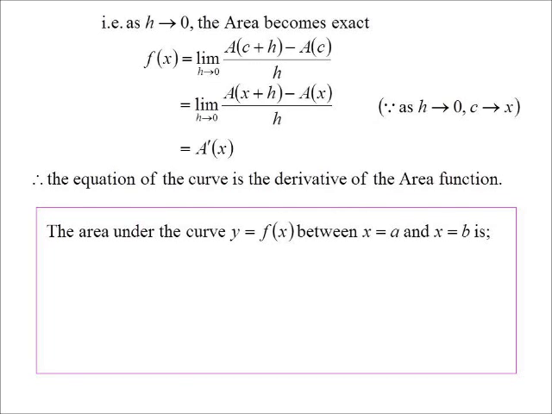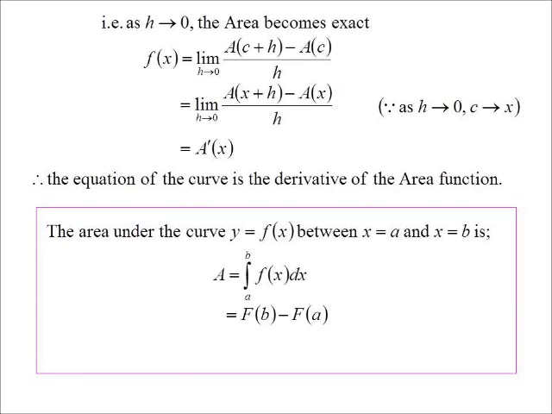So if I want to find the area underneath a curve between x equals a and x equals b, the symbol we use is the long S symbol. That's the symbol for integral, a long S. Stands for sum, because basically you're summing up the areas of all these rectangles. Okay.